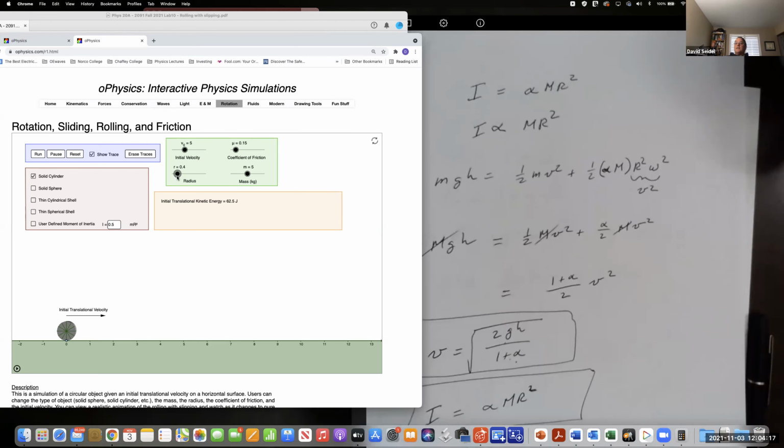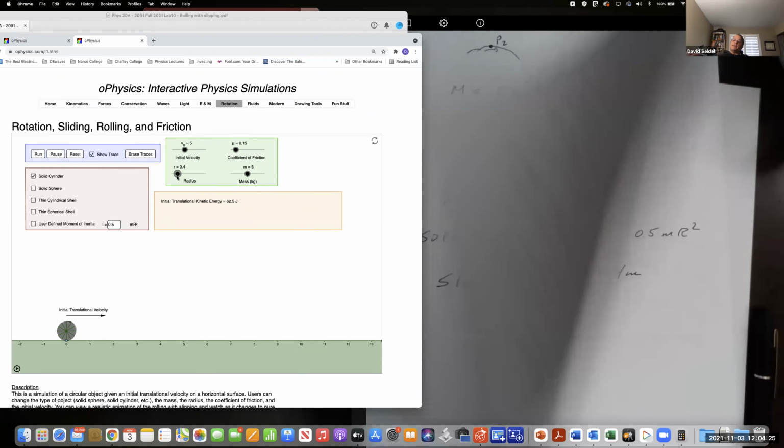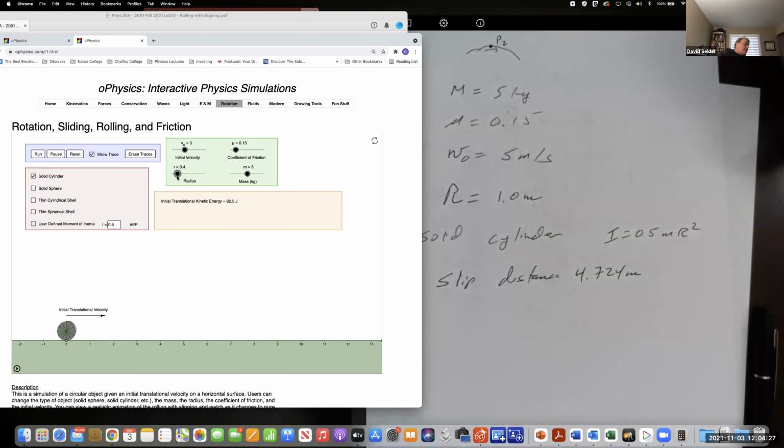So the velocity didn't depend on the radius or the mass. You might even guess that the slip distance may not depend on the radius or the mass. Now let's see what our simulation tells us. Let's believe our simulation is correct.